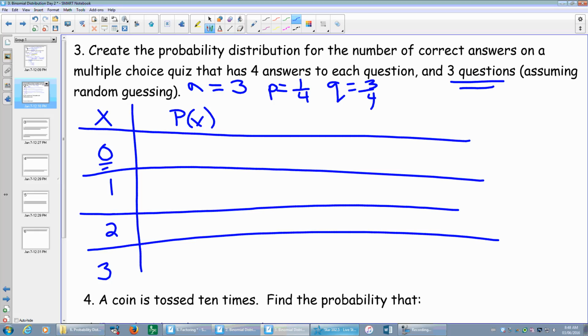No, my n is 3. So I do 3 choose 0. It's 0 and then 3.